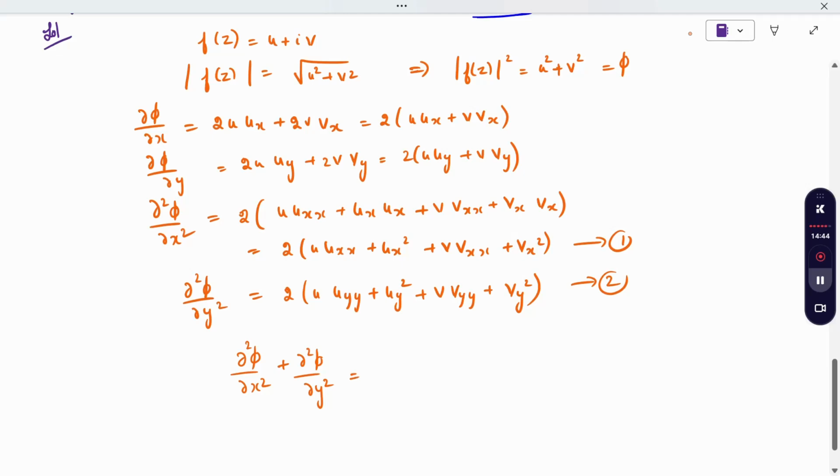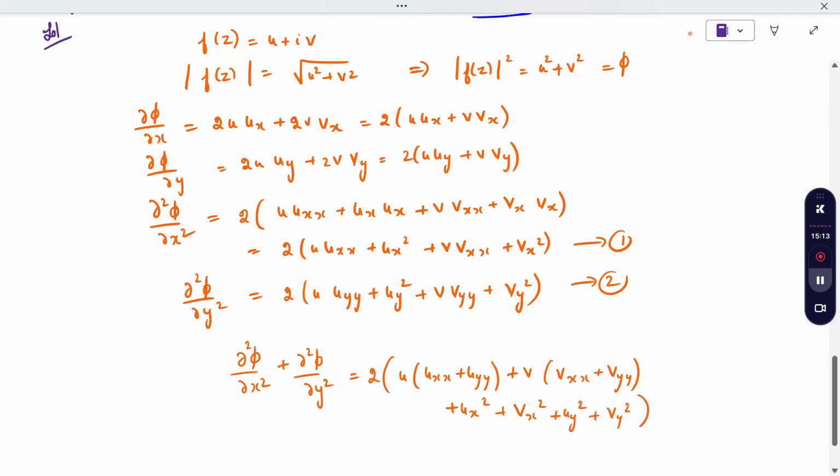When I add, I will be getting 2 times, u taken outside, uxx plus uyy, plus v taken outside the same way, vxx plus vyy. Same way, ux squared plus vx squared plus uy squared plus vy squared.